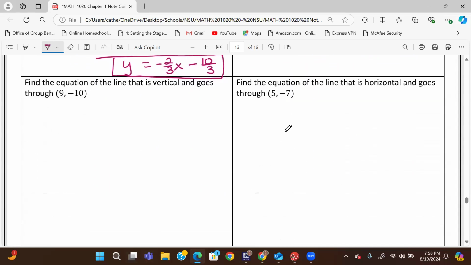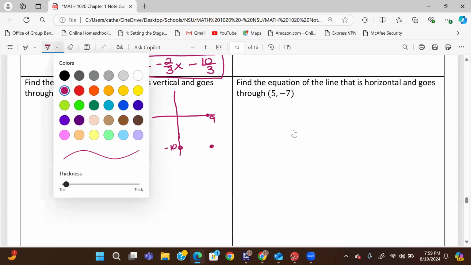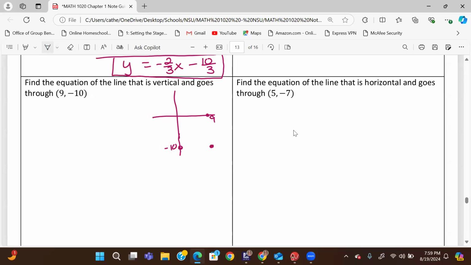All right, we need to find an equation of a line that is a vertical line. So vertical, and it goes through the point 9, -10. So it goes through this point. The vertical line is up and down.